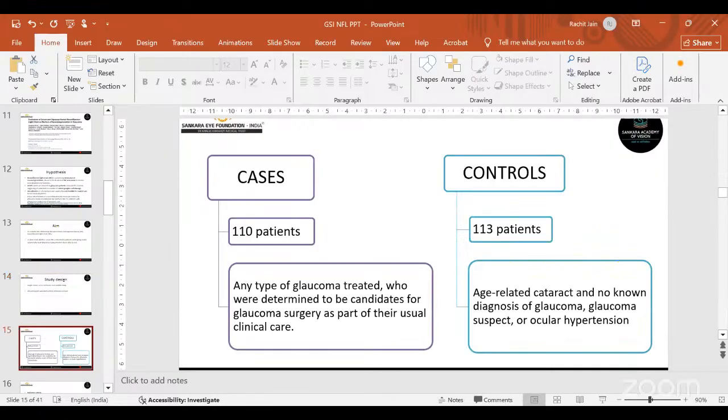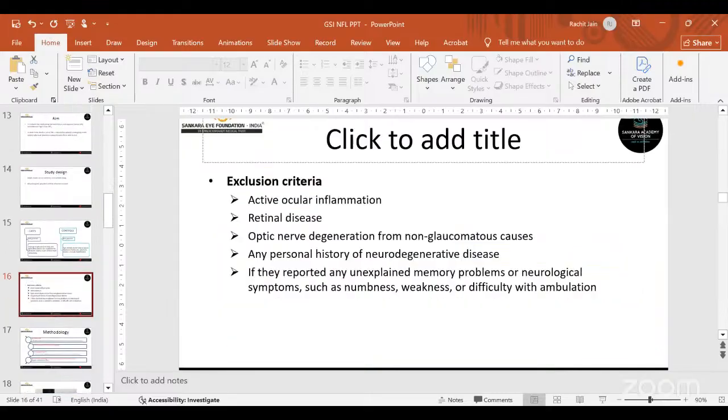Cases were 110 glaucoma patients undergoing treatment, who were planned for glaucoma surgery as part of their usual clinical care. Controls were 113 patients who were planned for normal cataract surgery. They do not have any known diagnosis of glaucoma, glaucoma suspects, or ocular hypertension.